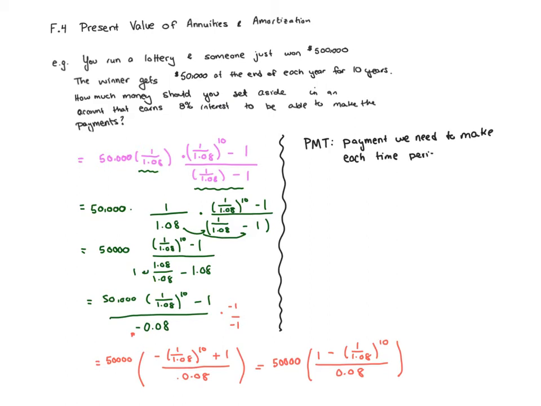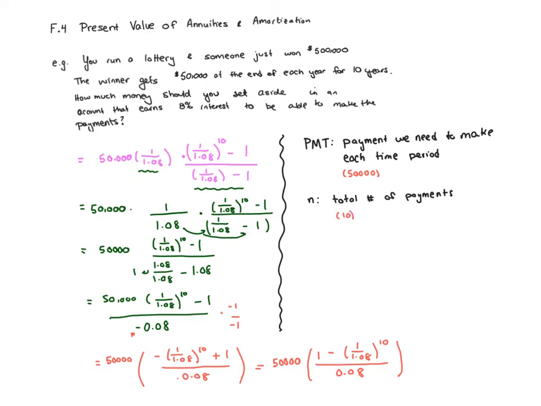So the payment we actually have to make, in our example, that was our 50,000. What other numbers came up? We had our N. That was our total number of payments. So in the example here, our N was 10, because we ended up having to make 10 payments total.